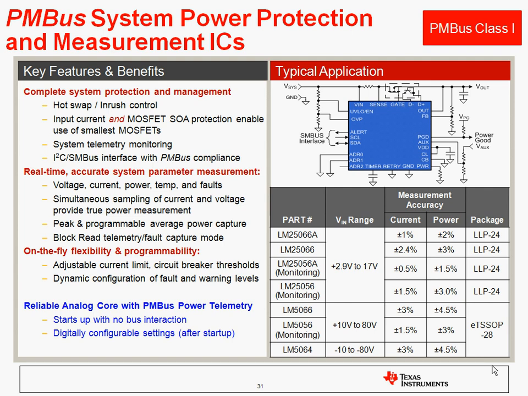Another example is in some of TI's system protection and measurement ICs. And here we're looking at a whole family of hot swap controllers that use, again, an analog hot swap control loop for the inrush control and the circuit breaker control and how it operates the MOSFET that it's attached to.